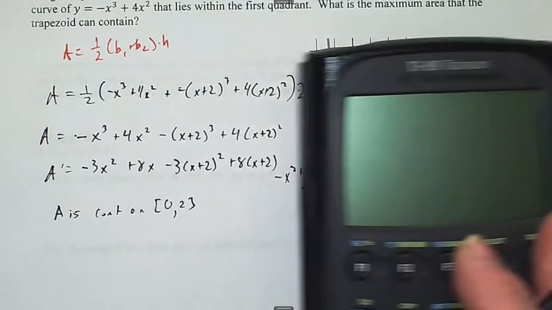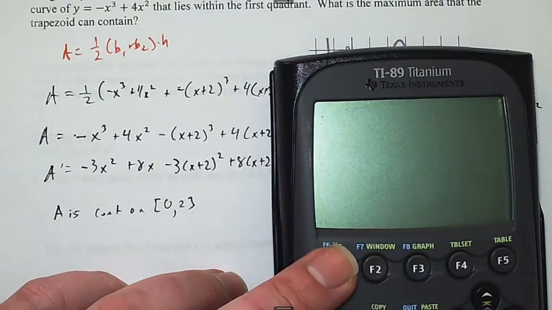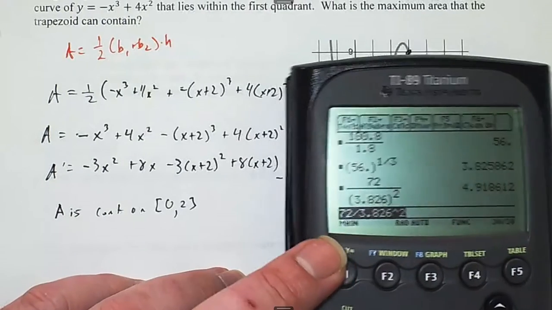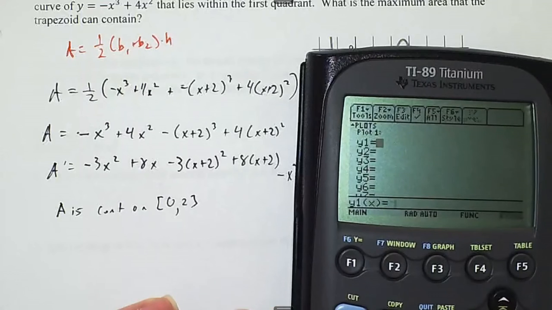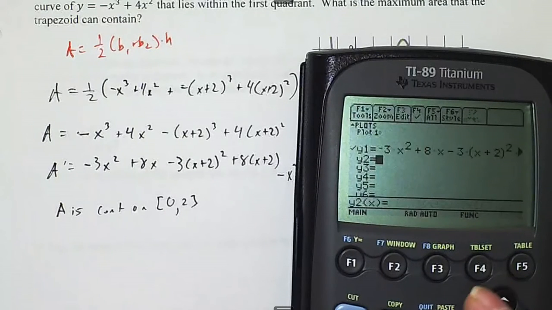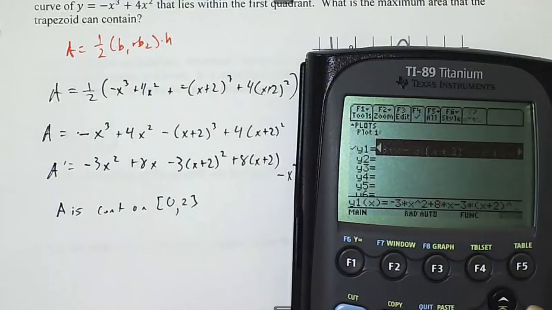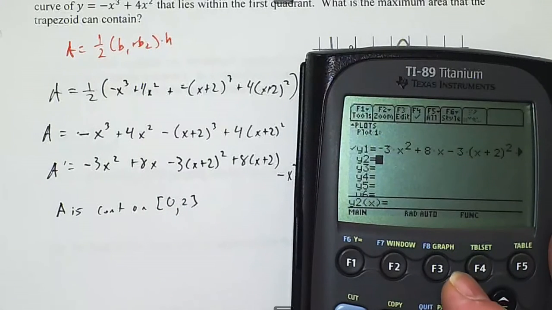So let's find the zeros of this function. We could probably solve it algebraically, not too difficultly, but we'll just do it by calculator, I mean. Okay.